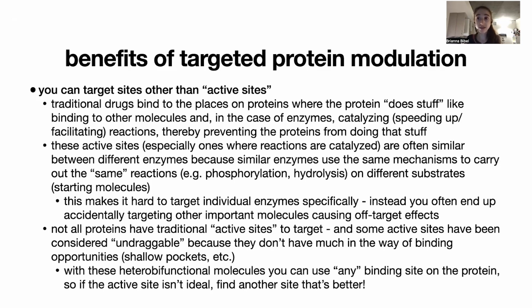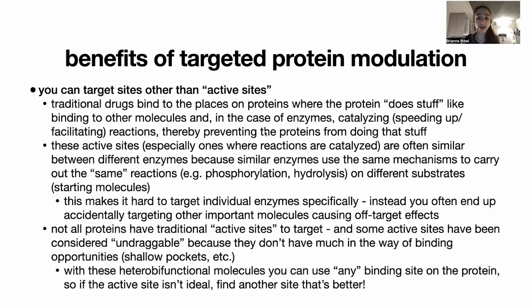If you have a known inhibitor, or a known binding partner, you can use that as a starting point for making a PROTAC by hooking it up to a part that's going to bind to the ligase. Sometimes you even start with an active site inhibitor.